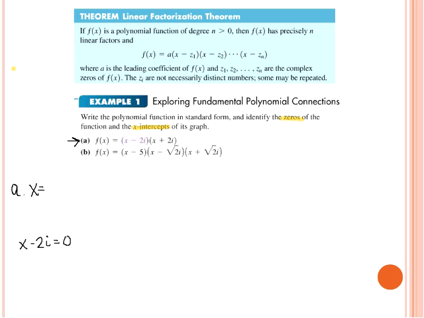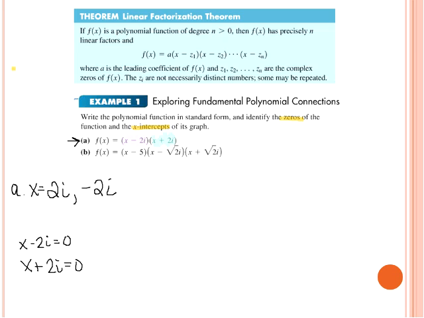A positive 2i, right? What about the second parentheses? And I'll highlight that in like a blue color. x plus 2i equals 0. If you were to solve for x there, you get a negative 2i. Now, we expect that, right? Because that 2i is a complex number. So if we have a complex number, its conjugate should also be a solution. All right, so those are the zeros.